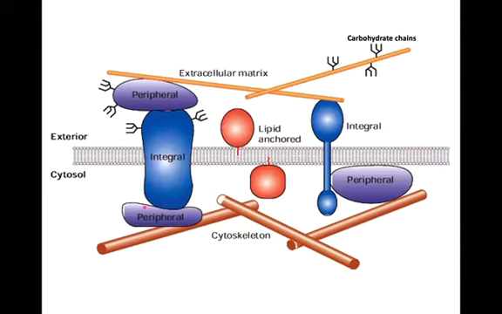You can see that the internal peripheral can bind to the cytoskeleton, while the external peripheral can be glycosylated, and these appear like forks in structure. These are the carbohydrate chains. And you can see that either integral or peripheral protein, or even the lipid anchored protein, can bind to the extracellular matrix, which actually surrounds the cells.